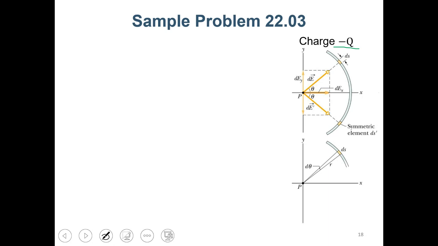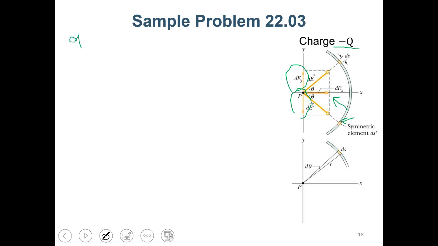So we have ds here, and also we have the symmetric part at the bottom, so that the vertical parts will cancel each other, but the horizontal parts will add together.